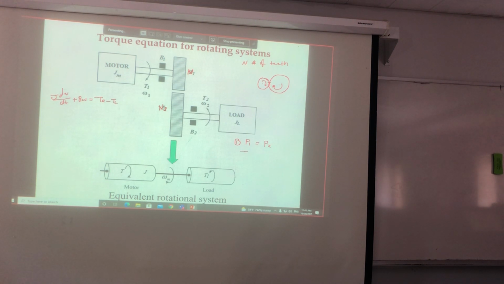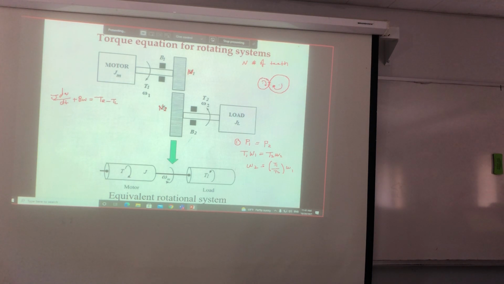So this means that T1 W1 must equal T2 W2. So simply I can describe, for example, W2 equal to what? Or let's say T2, or whatever. It will equal T1 over T2 multiplied by W1.